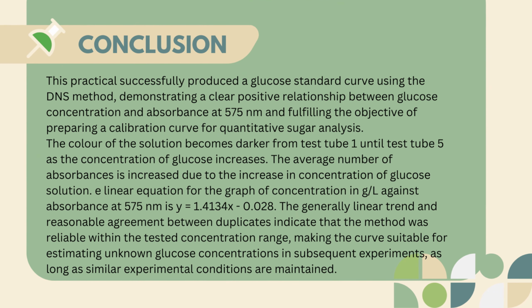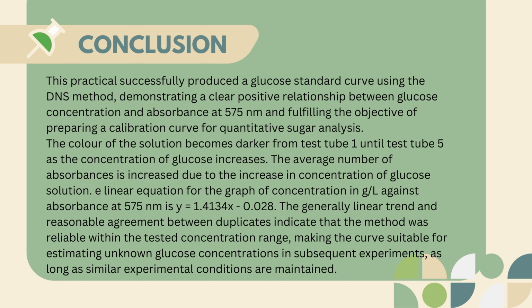Conclusion: this practical successfully produced a glucose standard curve using the DNS method, demonstrating a clear positive relationship between glucose concentration and absorbance at 575 nm and fulfilling the objective of preparing a calibration curve for quantitative sugar analysis. The color of the solution becomes darker from test tube 1 until test tube 5 as the concentration of glucose increases. The average absorbance increased due to the increase in concentration of glucose solution.